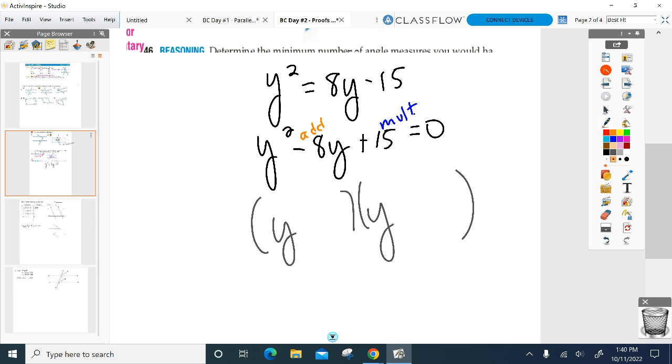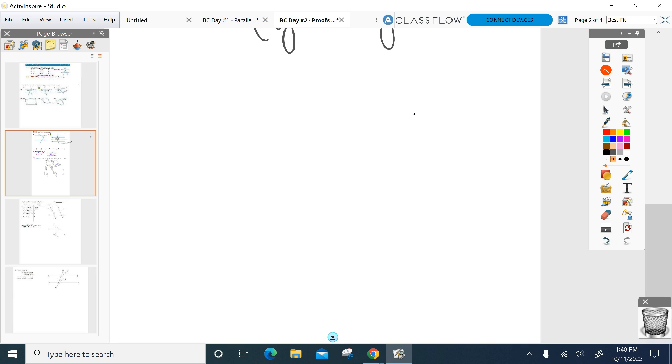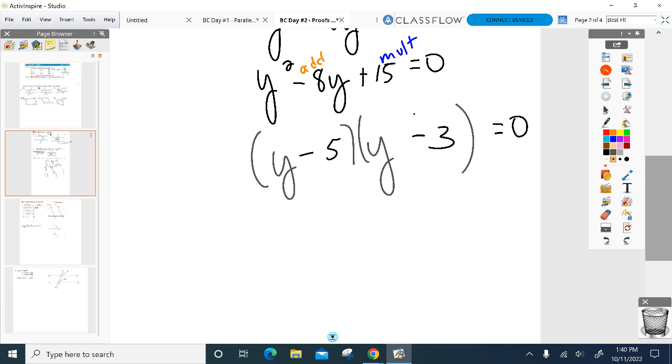No. What's the only other option? 5 and 3. So I plop 5 and 3 down. How can I make them add to negative 8? Negative, negative. That's the only type of factoring I'm going to have you responsible for this year. We're still not there. I still need a value of y. So hopefully last year you remember once you factored them in the parentheses, you took them out and set each of them equal to 0. Good.